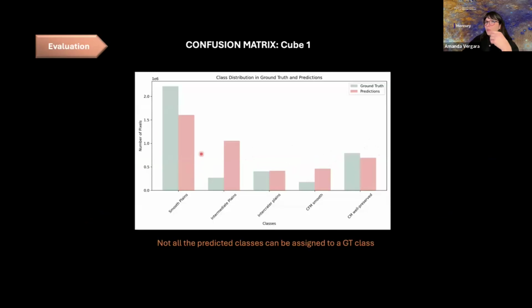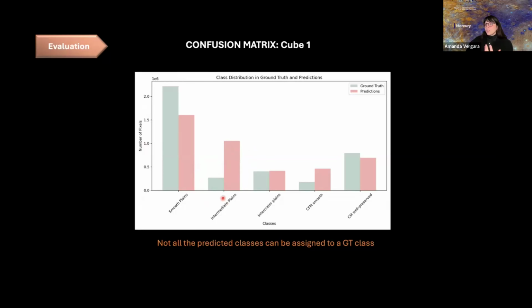And this is visible from this histogram, in which you have the number of pixels per the different geological units. And as you can see here, the model is an expert in identifying smooth planes, while you have many false positives on the intermediate planes.